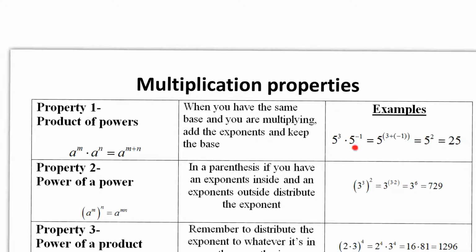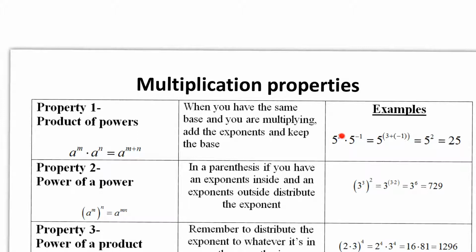So here's an actual example with numbers that you can see. We have 5 to the 3rd power times 5 to the -1st power. I know that's negative, but you can have negative exponents, and we'll talk about that in my next video. But for this example, you will understand what I mean. Notice we have the same base. 5 to the 3rd times 5 to the -1st power. So I keep the base. There's the 5.